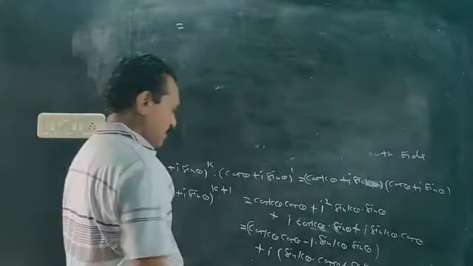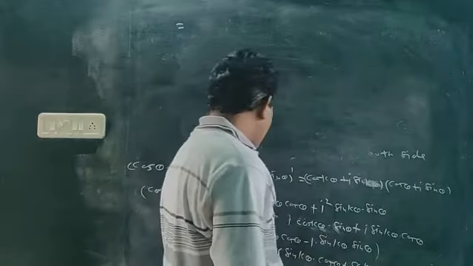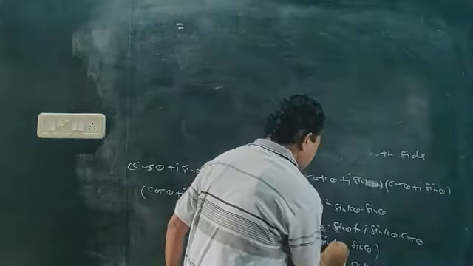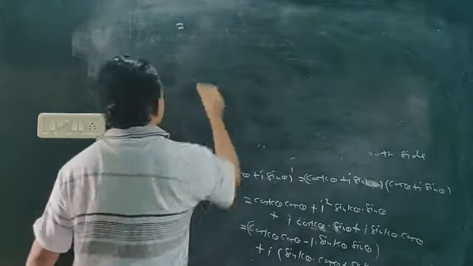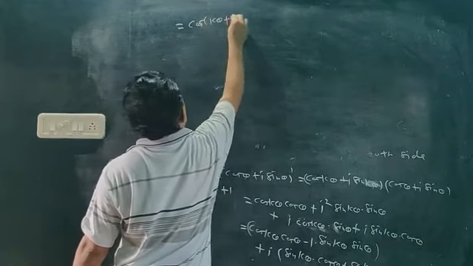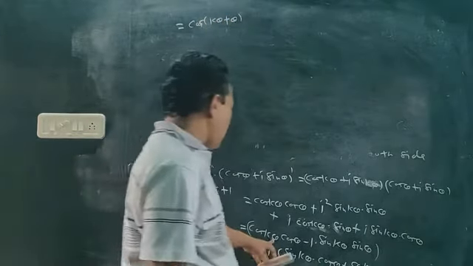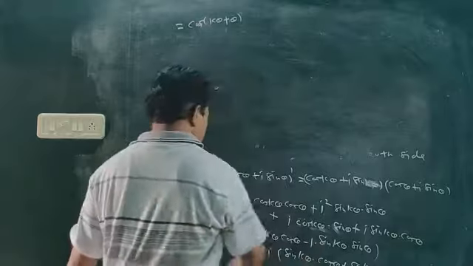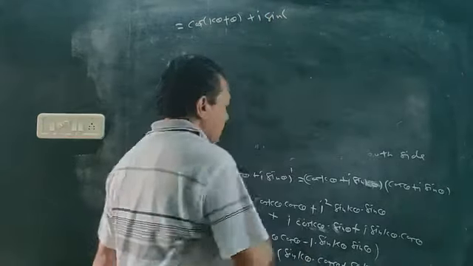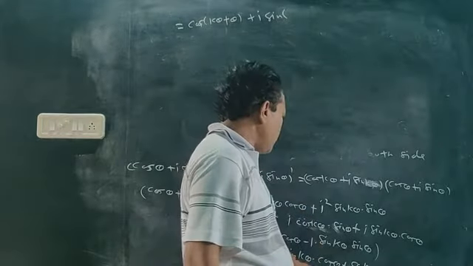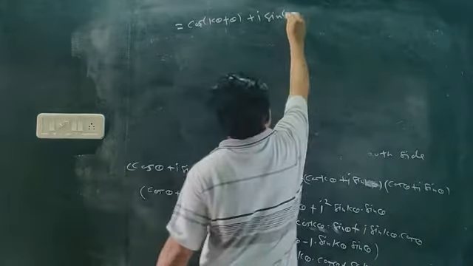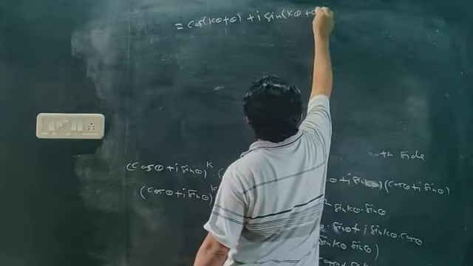Again, now this trigonometry: cos A cos B minus sin A sin B is cos of A plus B, with A as k theta and B as theta. In the second term also I is common, and here also a trigonometry formula: sin A cos B plus cos A sin B is sin of A plus B, k theta plus theta.